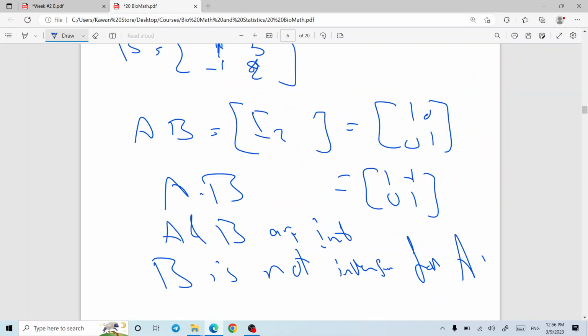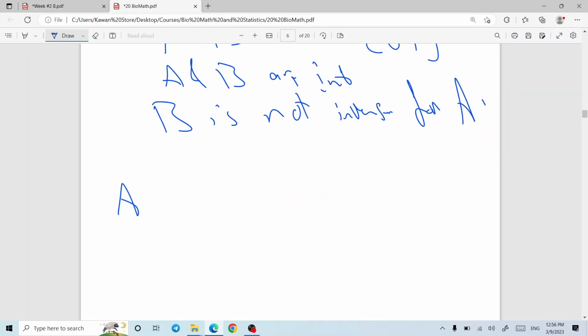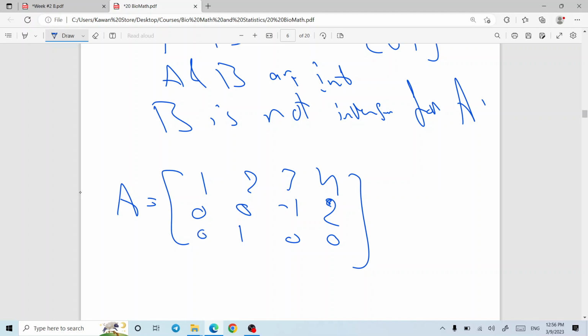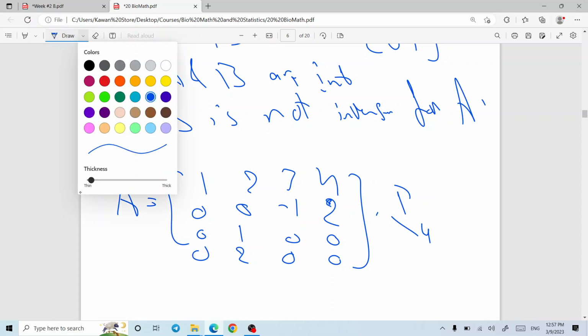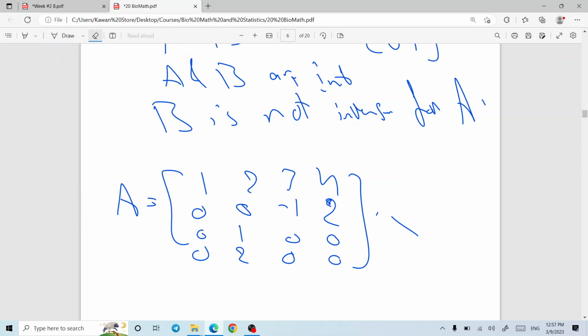For example, during the exam, if I say A equal to 1, 2, 3, 4, 0, minus 1, 2, 5, and multiply this one by I4, you don't need to waste your time like the previous one. Multiply that one by 1, by 2. You don't need to multiply. Just say it is equal to A. It means that we just have 1, 1, 1 and the rest are 0.